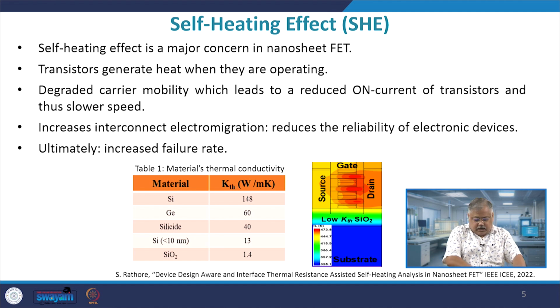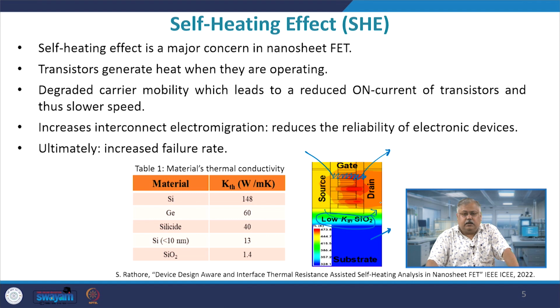If you look at the figure here on the right hand side, this is the sheet which you see, and the sheet is connected between source and drain, right, and there will be a current flowing through the device itself. Now, this is the substrate, silicon substrate, and then I have this BDI here, a low-K silicon dioxide which connects between source and drain, so that from the low side we do not get any charge carriers.